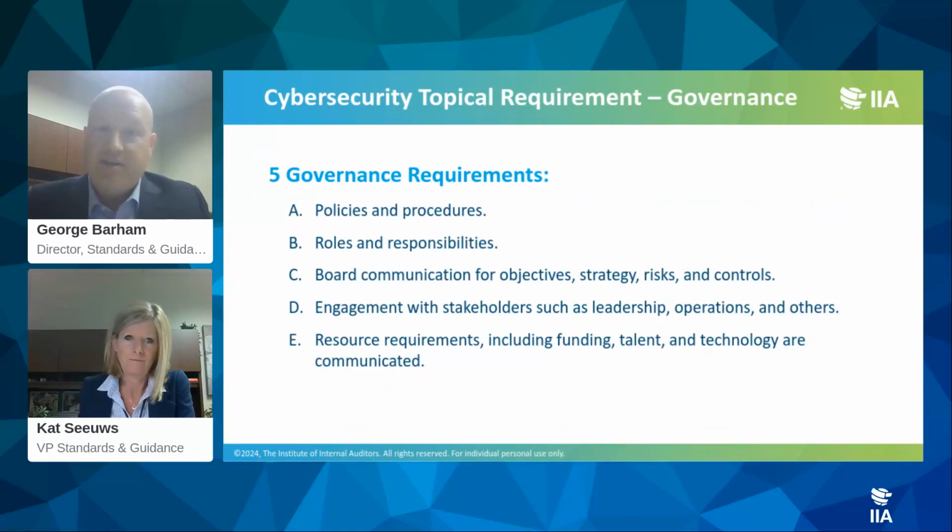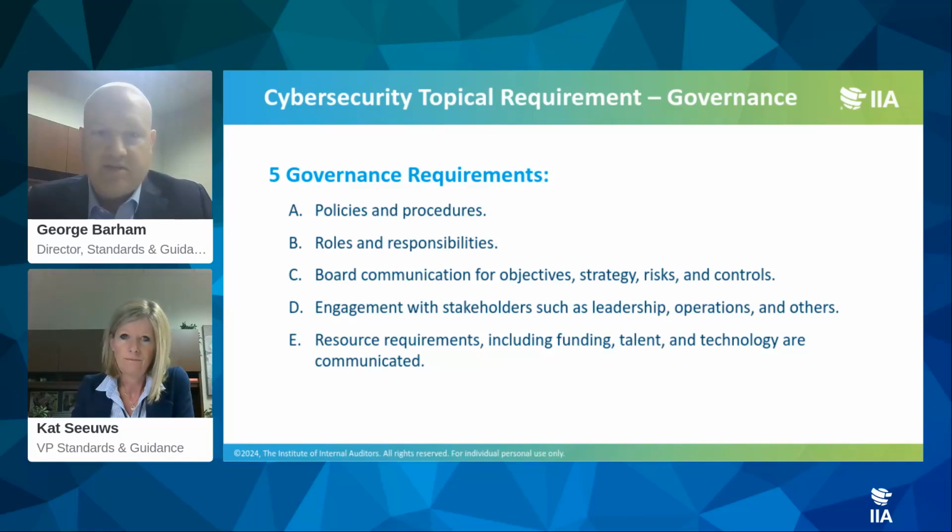So looking at the cybersecurity topical requirement, just looking at the governance piece, I think these are pretty straightforward. Again, the key takeaway here is making sure that your governing body, whatever that may be, a lot of times it's an audit committee or the board, is involved in helping provide oversight to the organization on the topic of cybersecurity.